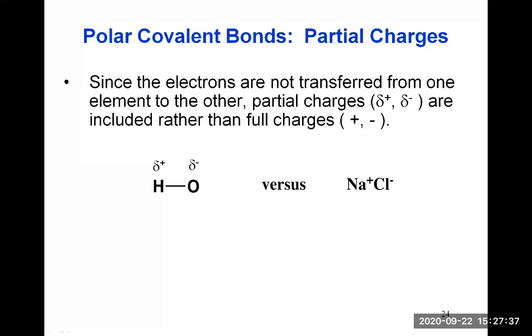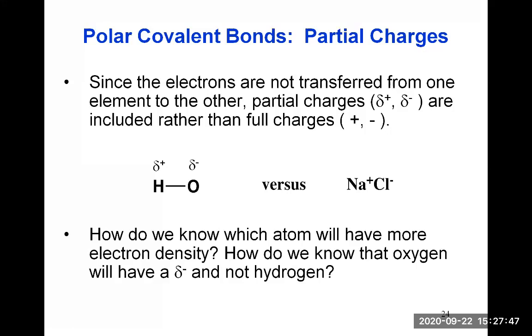In a partial charge, it's only a very small percentage that creates partial charges. So how do we know which atom will have more electron density? How do we know that oxygen will have the delta minus and not the hydrogen?